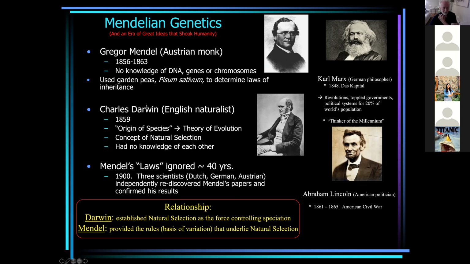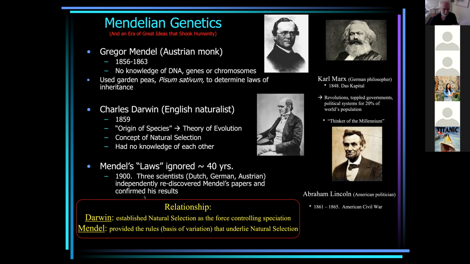Getting back to Mendel, he published his work between 1856 and 1863. He had no knowledge of DNA or of genes or chromosomes, but he used a little plant, garden peas, in a very clever way in order to discover the evidence for genes.